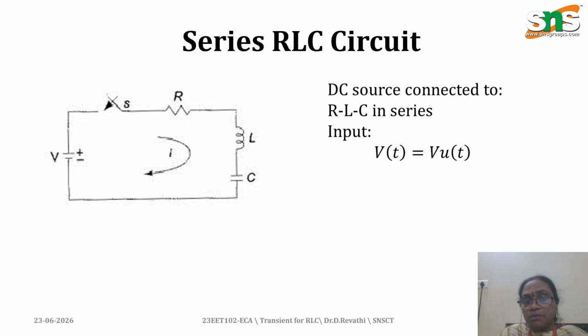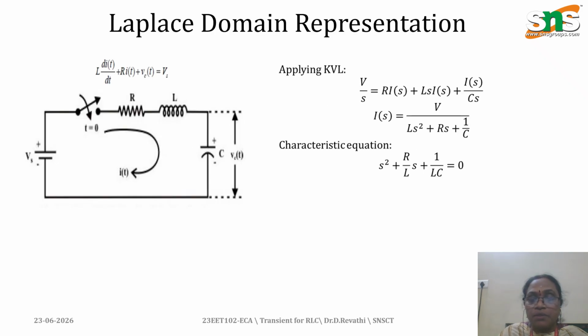So if you are seeing the closed loop, definitely we will apply KVL. So the KVL equation we have to write. After that we have to take the Laplace form and inverse Laplace form, and then we go for the equation analysis, and along with this we are analyzing the characteristics.